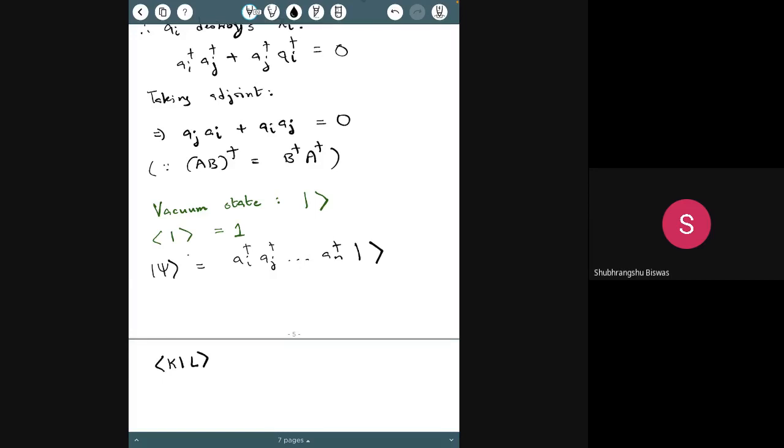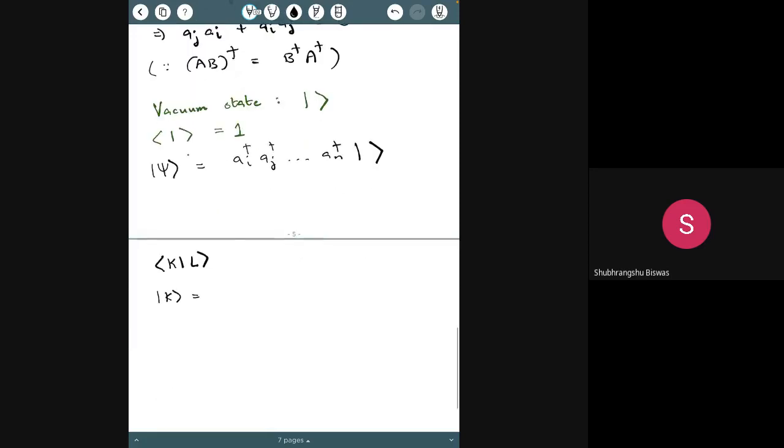So let's do a 2-electron determinant. Let's say K is equal to a_i dagger a_j dagger on a vacuum state, which basically means it is chi_i chi_j. And L is, let's say, a_k dagger a_l dagger on the vacuum state.